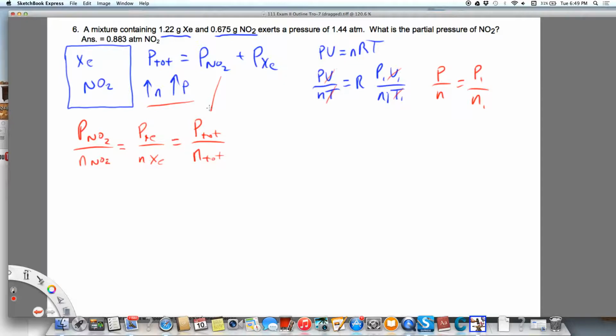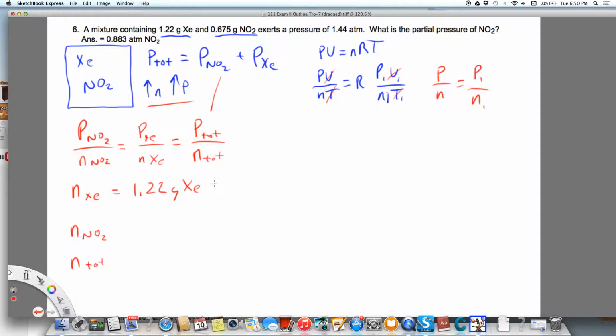The first thing we want to do is figure out the moles of xenon, and then we're going to figure out the moles of NO2, and then we're going to figure out the moles total so we can plug it into our equation here. Okay, so the moles of xenon, it says that we're given 1.22 grams of xenon.